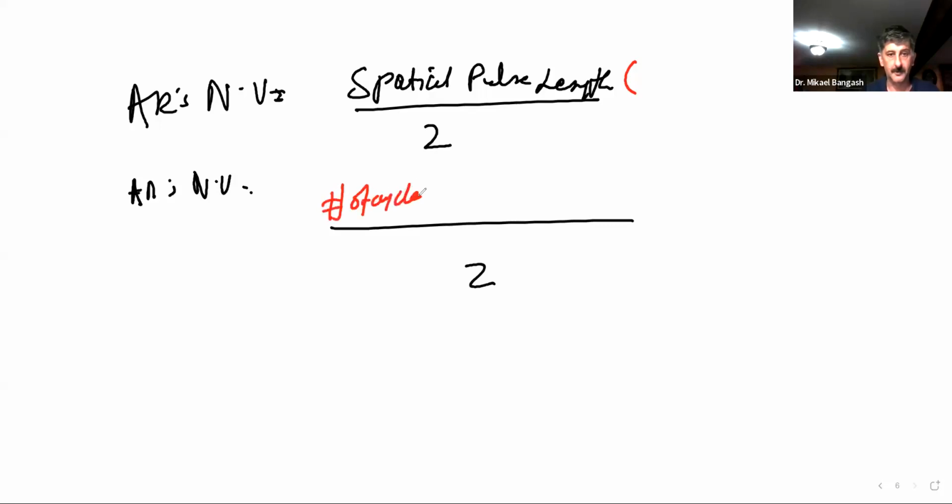Because that's the number of cycles per pulse, right? How many cycles did we have in a pulse? Multiplied by the wavelength.